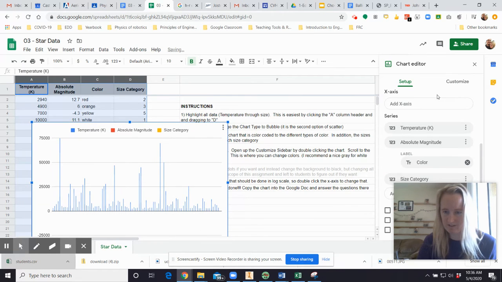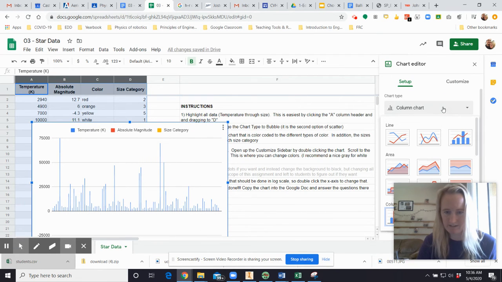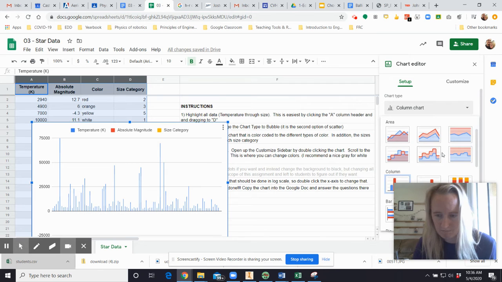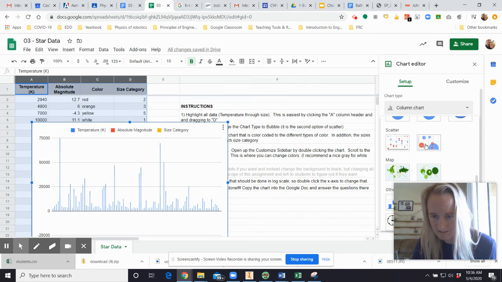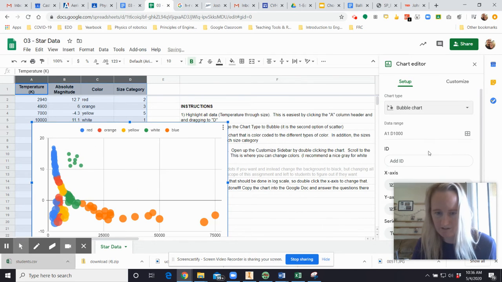You're going to select the chart type, which is the bubble chart. There it is.